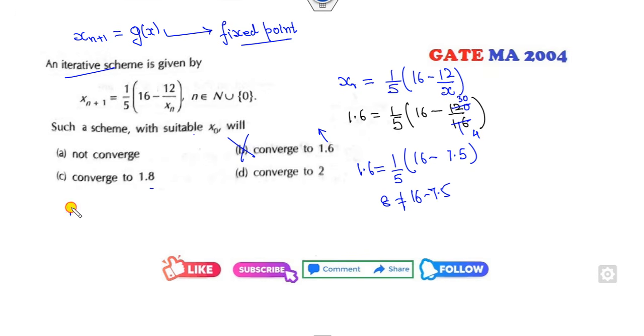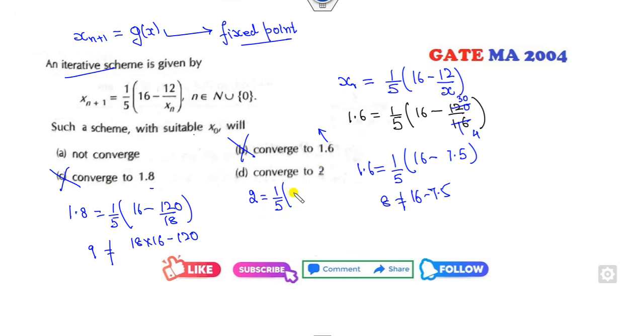Similarly 1.8. 1 over 5 of 16 minus 1.8 into... so clearly 9 is not equal to this. So this option is also cancelled. Check the 2. 2 is 1 over 5 of 16 minus 6. So 10 over 5 is 2, which is satisfied. So yes, it is convergent and it converges to the point 2.